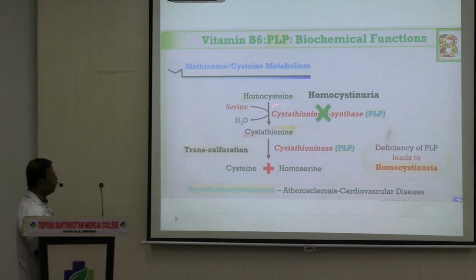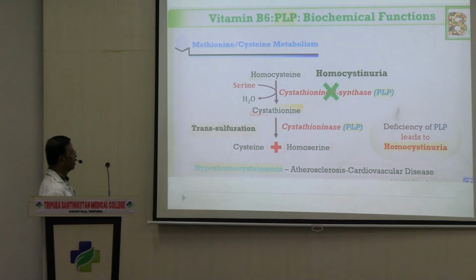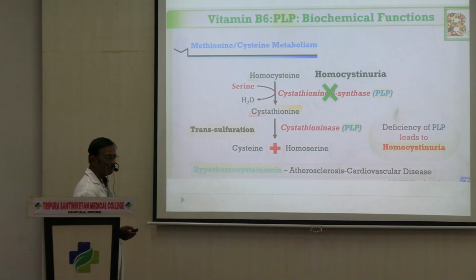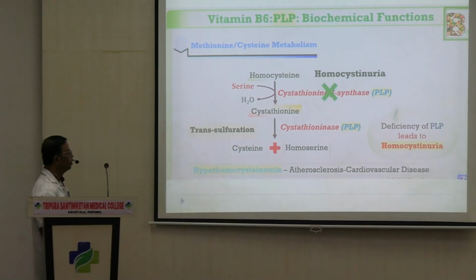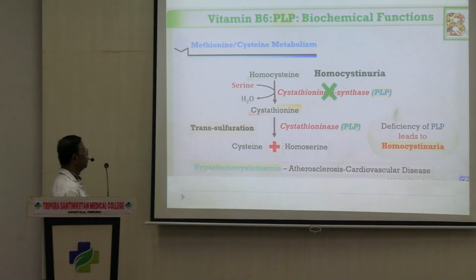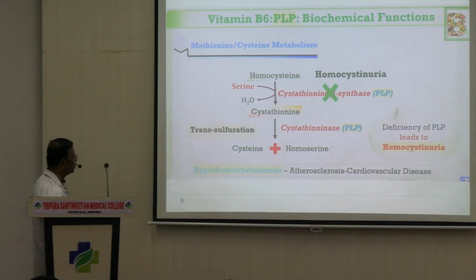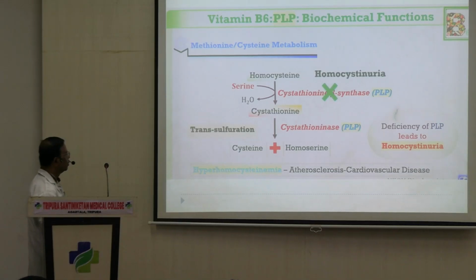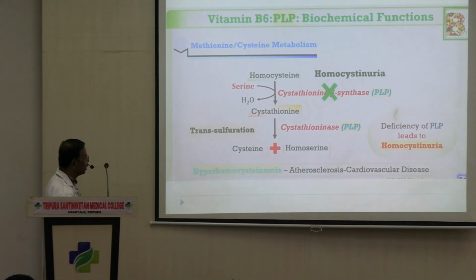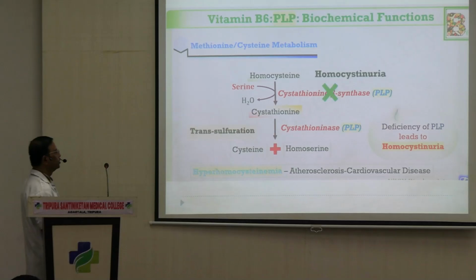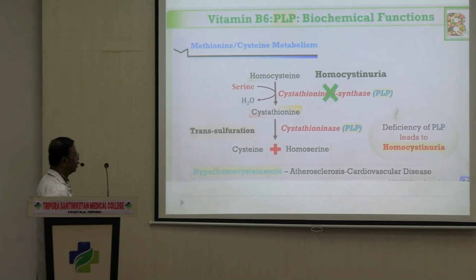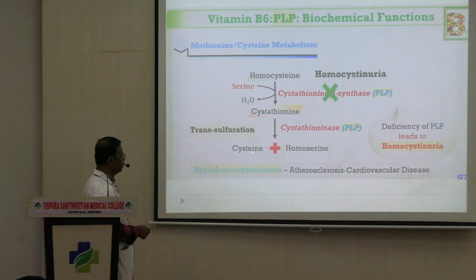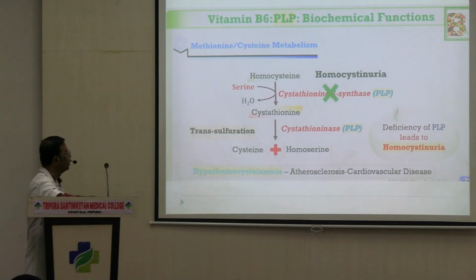Now, it is an example of transsulfuration, okay, because there is transfer of sulfur group from homocysteine to serine, and cystathionine is synthesized, and further cystathionase synthesizes this cysteine amino acid from cystathionine.